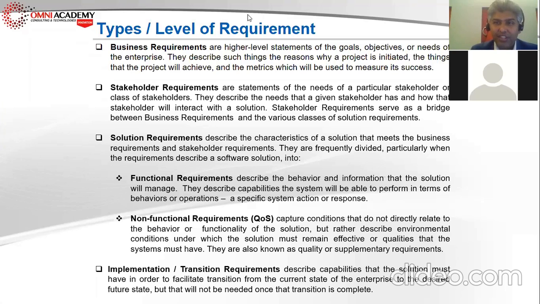Another example of a transition requirement is the uploading of previous data. I remember we were working on a very innovative application. We made the application and delivered it to the customer.